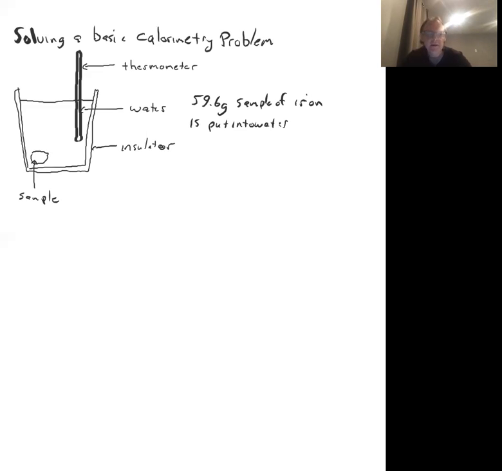The iron sample starts off at 96.6 degrees C. The water starts off at 24 degrees C. Okay.